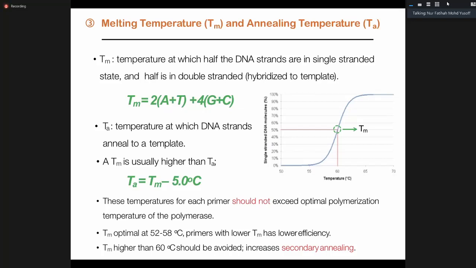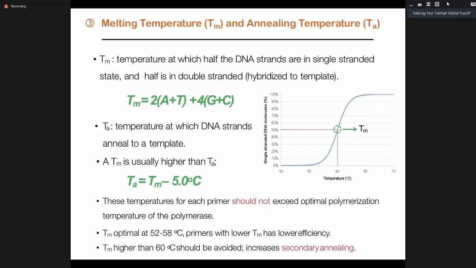Normally once you design a primer, you will do gradient PCR. Gradient PCR means you set the PCR reaction at different temperatures. In this case, perhaps you can set 52 until 60, for example, and then you will get different PCR products. One PCR product amplified with melting temperature at 52 degrees, the second one probably at 53 degrees, and so on.